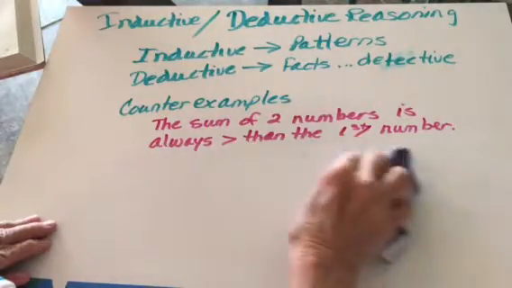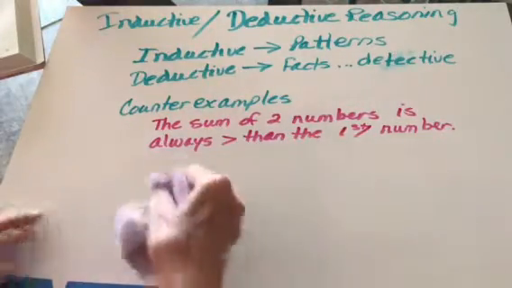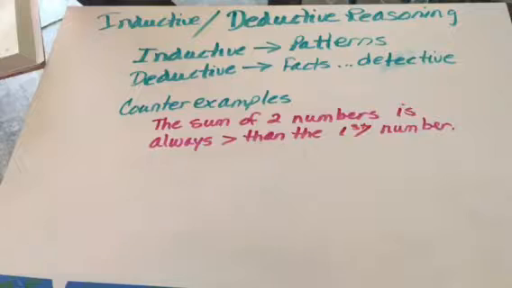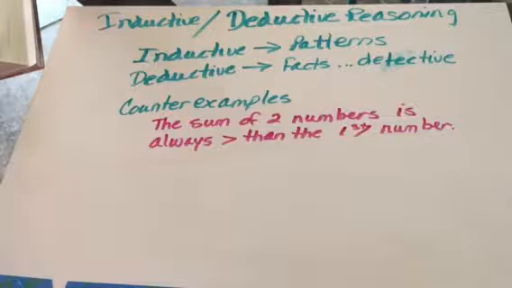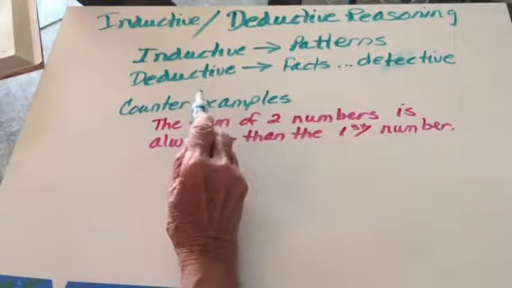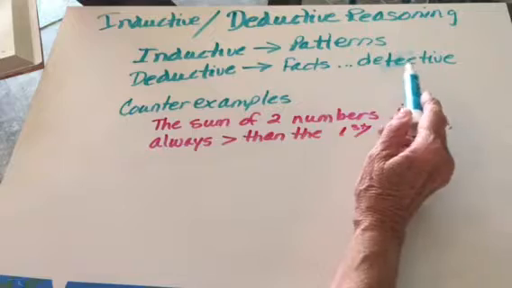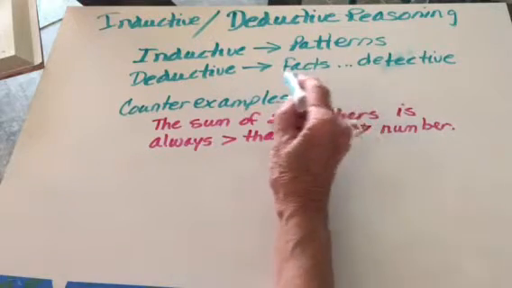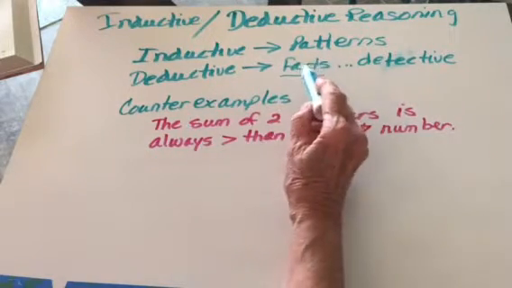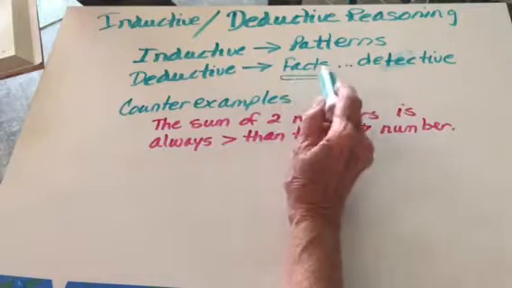The deductive is when you're finding facts or proofs about something. When you think about deductive reasoning, I want you to pretend that you're a detective and you're thinking about just the facts. You're not looking for patterns at all, but you're looking for facts.